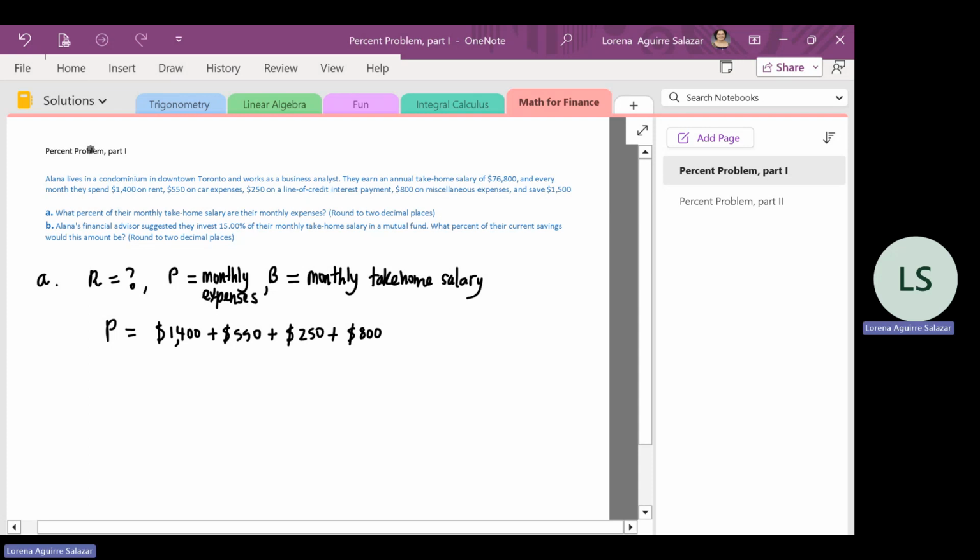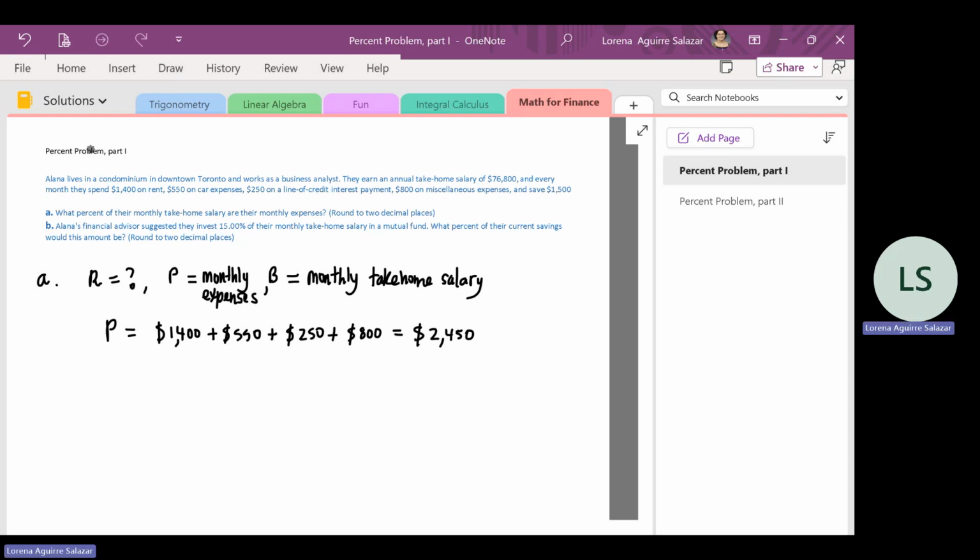Then the monthly expenses add up to the addition of all those numbers. If we use a calculator to add those numbers, we find 2,450. The monthly expenses are $2,450.